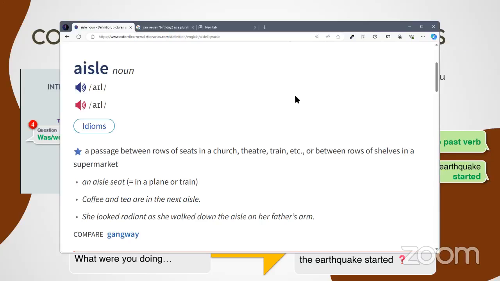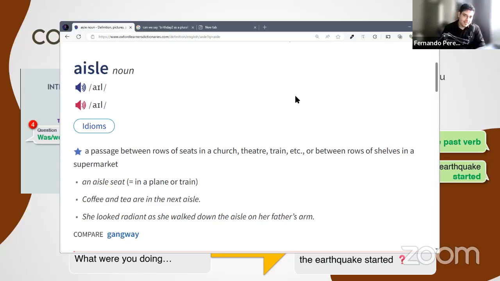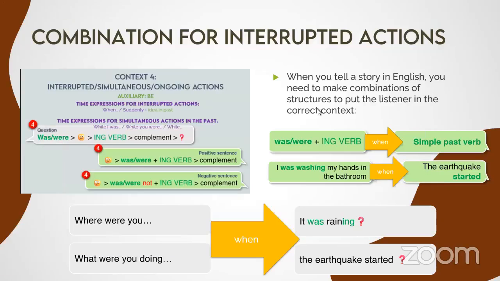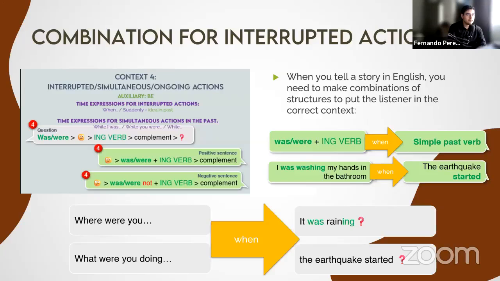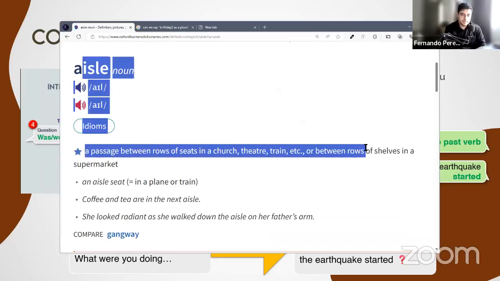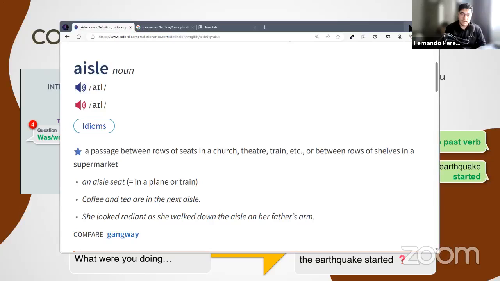They were so scared and my teacher wanted to call her mom. Ah, also fair. Excellent. Please copy the word aisle in your glossary. And that's it.